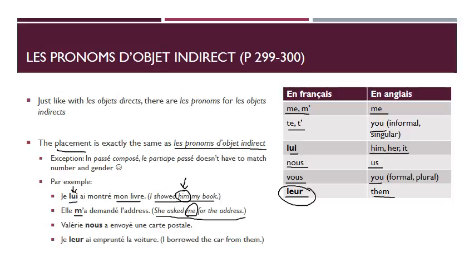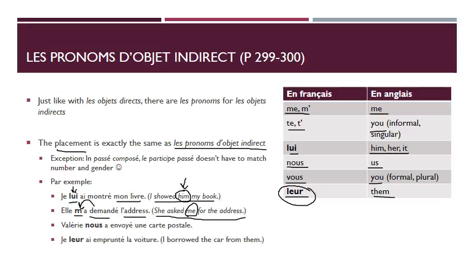So, elle m'a demandé l'adresse. So she asked me for the address. I know, really interesting stuff, huh? All right, don't worry, it will make more sense as we go along. This is just a quick introduction.